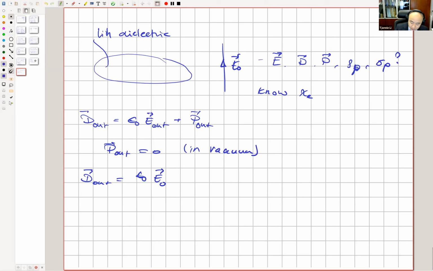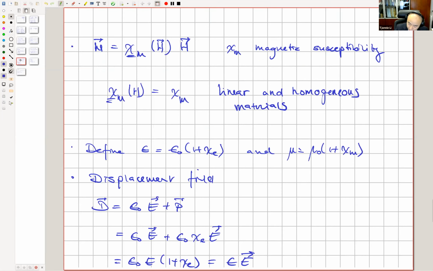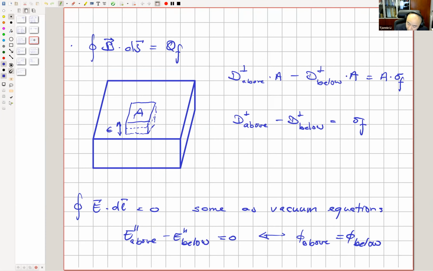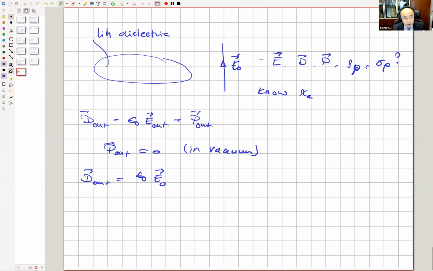So if I look at this slide over here, I have that the perpendicular component of D above minus the perpendicular component of D below equals sigma F, the free surface charge. In this case, we have an otherwise neutral dielectric material, so we don't have any free charges that we put here.